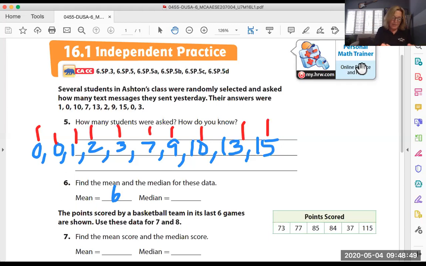So 3 and 7 are the middle values. Because there are 2 middle values, we have to find the average of those 2. 7 plus 3 is 10, divided by 2 values is 5. 5 is halfway between 3 and 7, and so it is the middle value in this case.